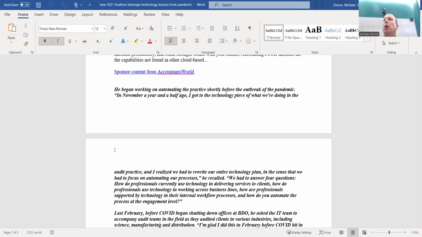Automating our processes. So, you guys heard of the term robotic process automation, RPA? What's that about? Okay, so you find a task that's being done by hand and you can use technology to automate it.